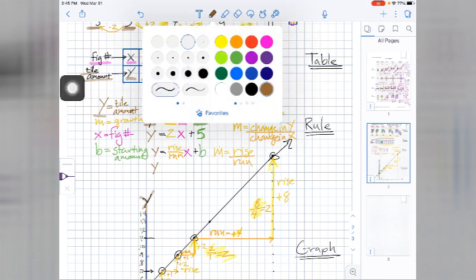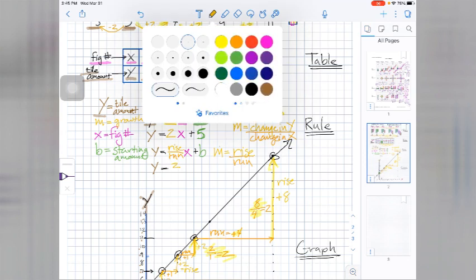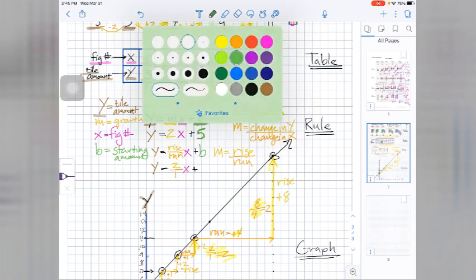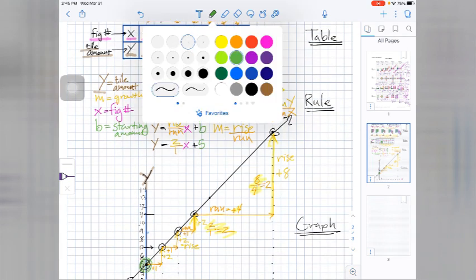So I could say, well, y is equal to the rise, which is 2, over the run, which is 1, and then multiply that by x, which I don't really know, and then plus b, which I do know. b is always 5. It doesn't matter where I use that.